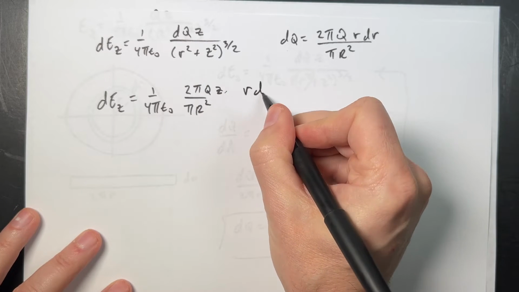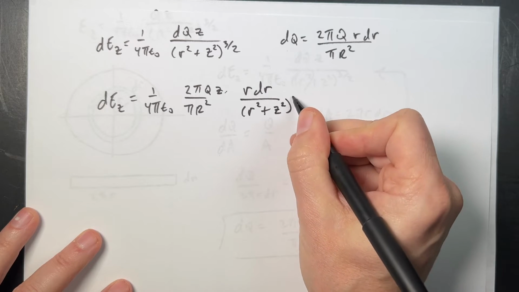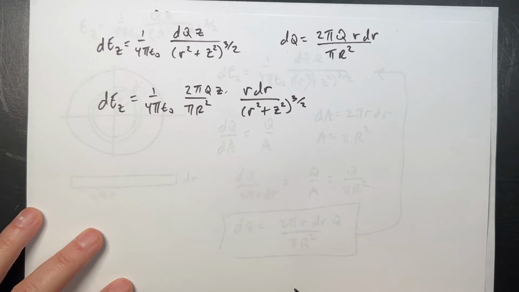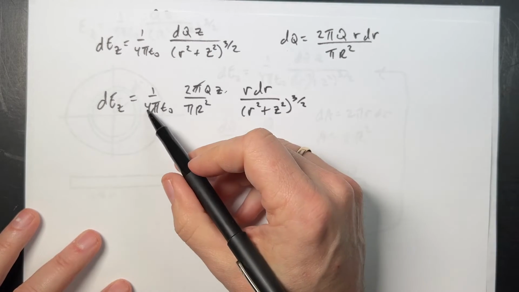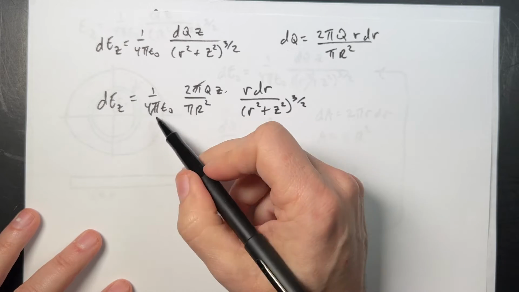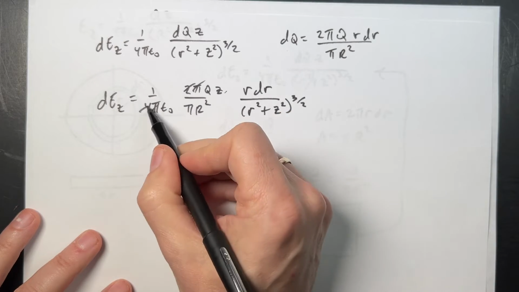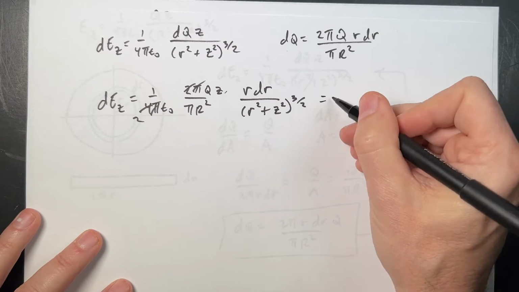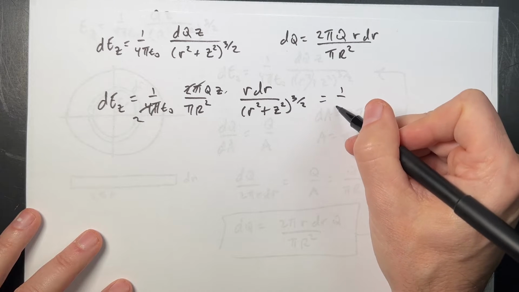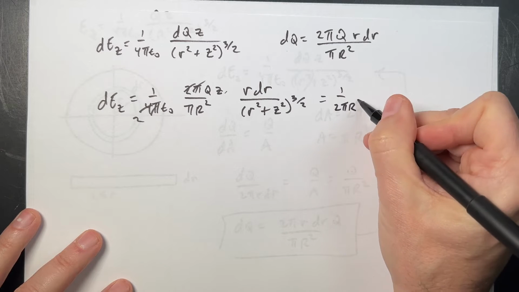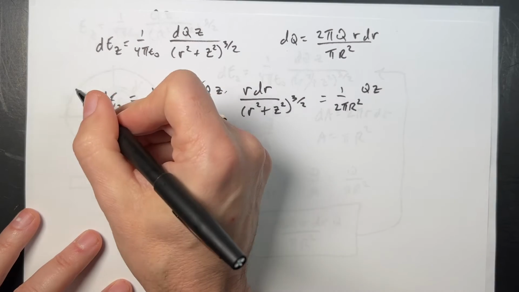Then I have r dr over r squared plus z squared to the 3/2. Okay, that cancels. We can go ahead and start canceling some other stuff, and it's going to look a little bit weird. We normally like to keep that 1 over 4 pi epsilon up, but no one ever does it that way, so that too will cancel with that. And then I get 1 over 2 pi r squared q z, and then I'm going to integrate both sides.